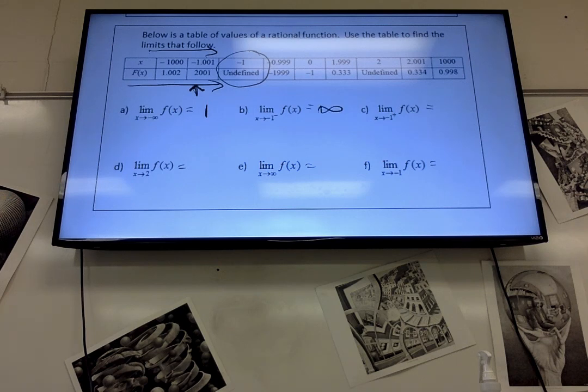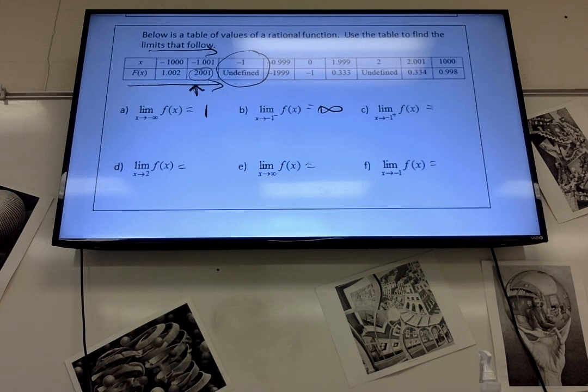So even though f of negative 1 is undefined, that does not mean that the limit as x approaches negative 1 from the left is undefined. Because it's 2001, if I kept putting in like negative 1.00001, that number would keep getting bigger and bigger and bigger.